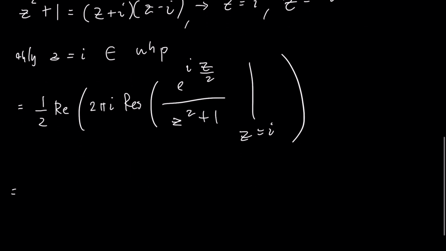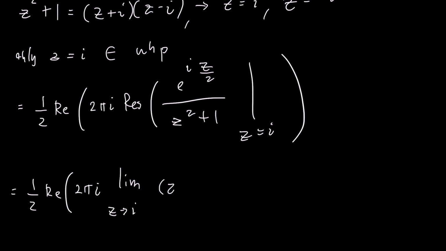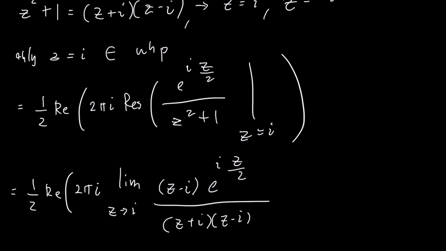So this is equal to 1/2 the real part of 2 pi i, the limit as z approaches i of z minus i times e to the i z over 2 divided by z plus i times z minus i.